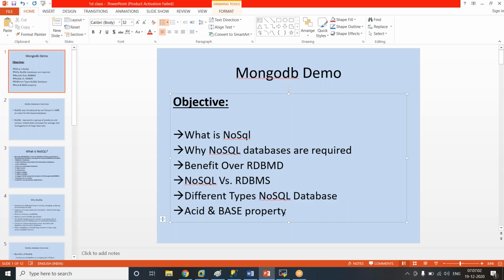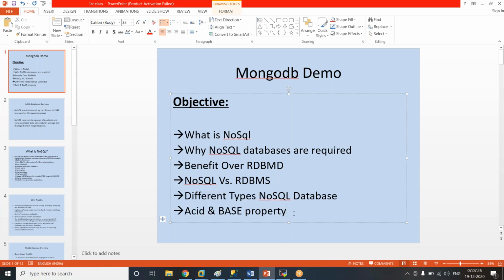In RDBMS, transactions follow the ACID properties. In NoSQL, they follow the BASE properties. What is the main difference between these two is very important for us to understand. All NoSQL families follow the BASE transaction property, whereas RDBMS follows the ACID transaction property.